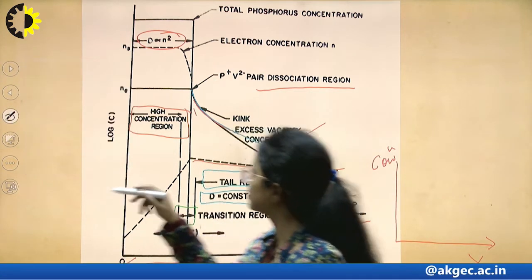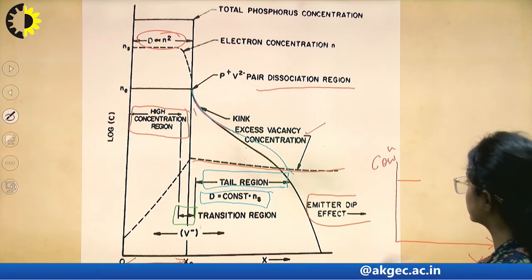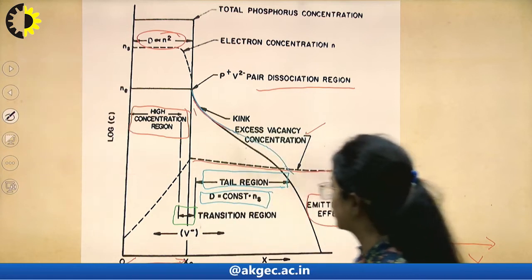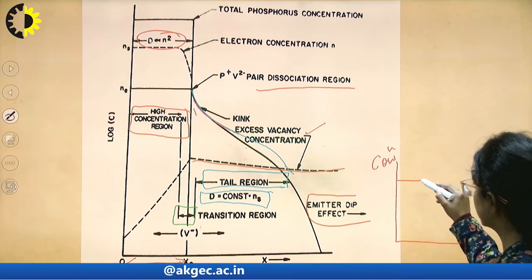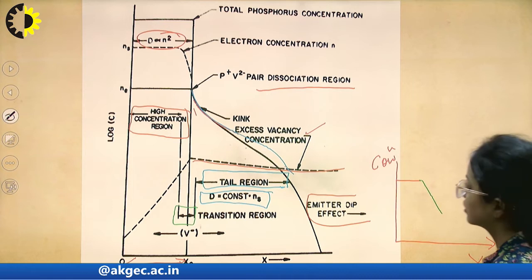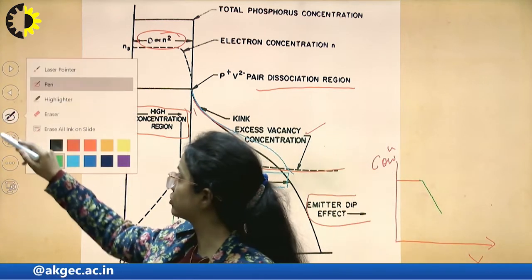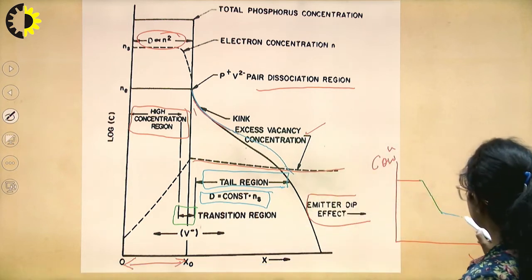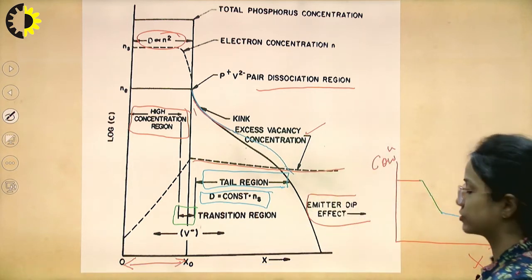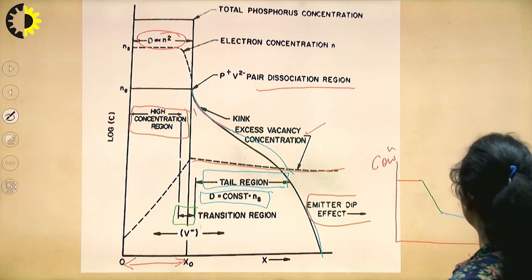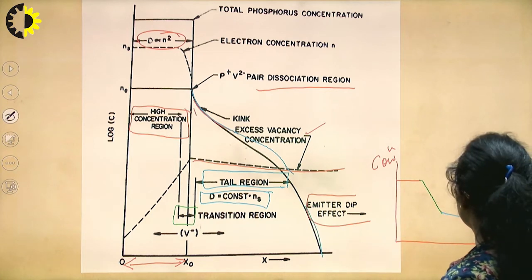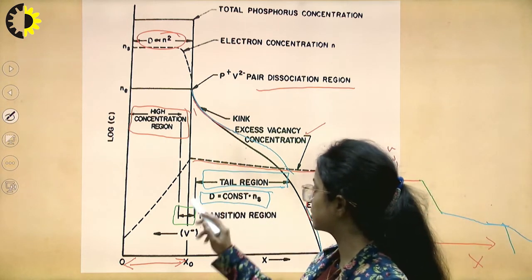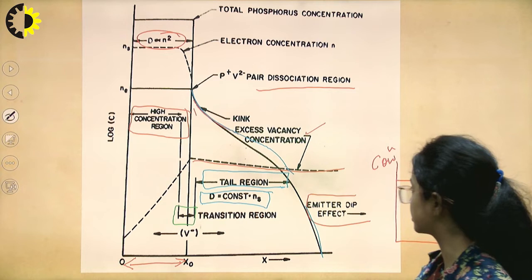Initially we have a high concentration region, then a region of transition like this, and then a region of almost constant. I'll draw it like this. So this is constant. Of course it will end, not like this, but very smoothly. So high concentration region, then transition region, and then the tail region.